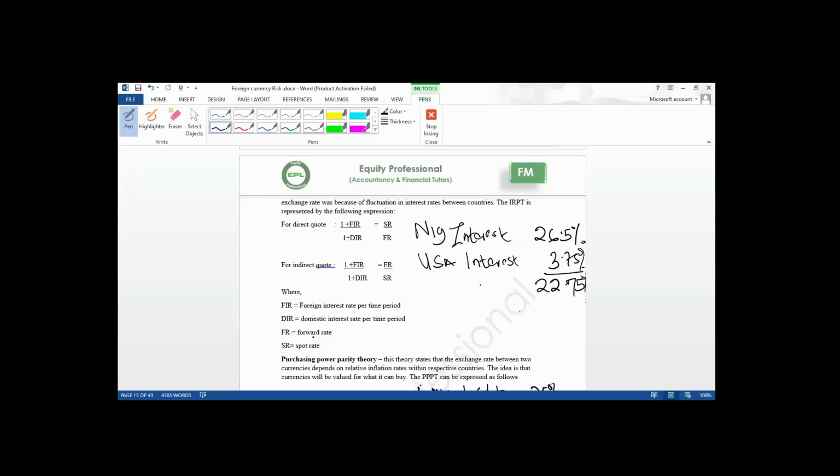As at last month, inflation rate is 15.06 in Nigeria. Now check US. Last month's inflation rate in US is 2.4.